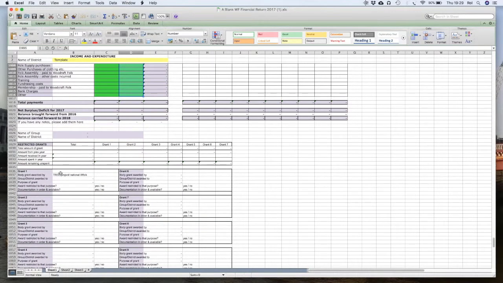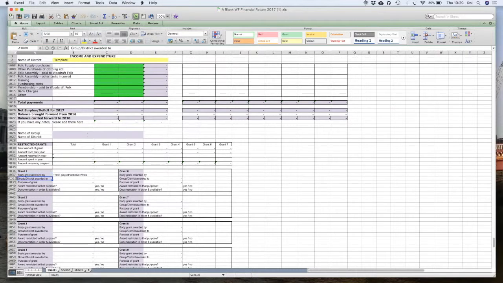So here we want to know who the grant was awarded by, sorry, and which group it was awarded to. It's not always the same district as the one you're recording.